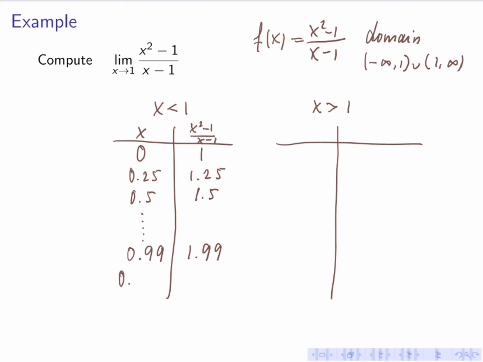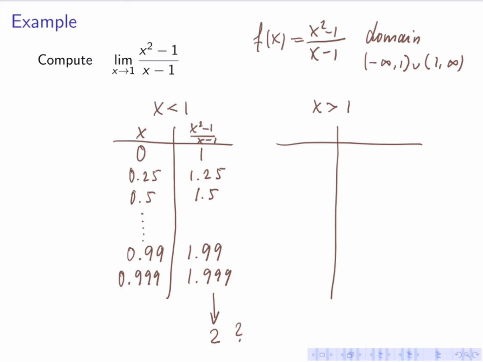Do one more step. So 0.999. Then I get 1.999. So it really looks like it will approach 2. Okay, so here we get an idea. Maybe this approaches 2. And I give it a question mark because this is not a mathematical proof, it is just a hint or a hunch.